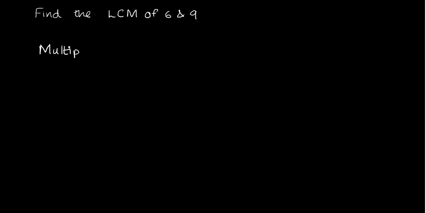So multiples of 6, and we can go 6, 12, 18, 24, 30, and so on. Yeah, 36, dot dot dot. And then I'll go on to multiples of 9.